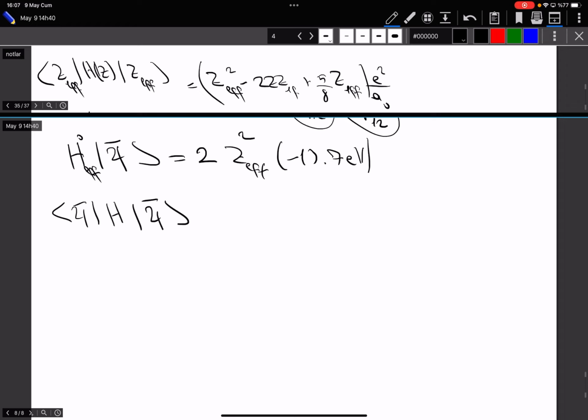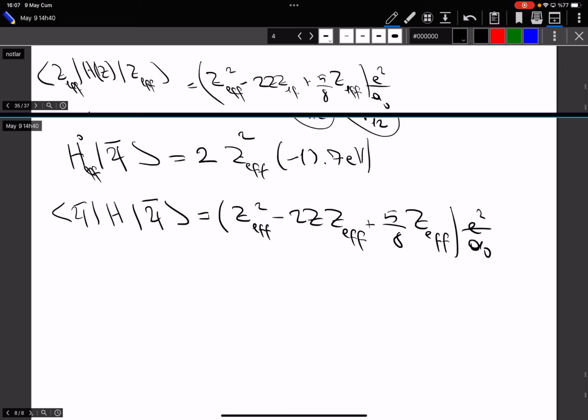Psi bar depends on Z effective. So this is equal to Z effective squared minus twice Z effective plus 5 over 8 Z effective times e squared over a_0. Now, whatever you choose for Z effective, this is always larger than the ground state energy. Well, how do you minimize this with respect to Z effective? You just take the derivative. So twice Z effective minus twice Z plus 5 over 8 should be 0.